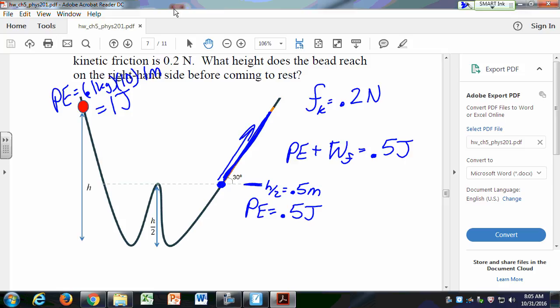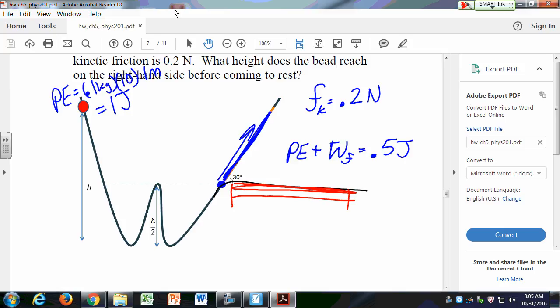Can I show you instead what you might see? Instead, likely what I would give you would be if this thing leveled out like this, and then you have a frictional force acting along this path, and I ask you, how far does it travel? You know how you would do that?